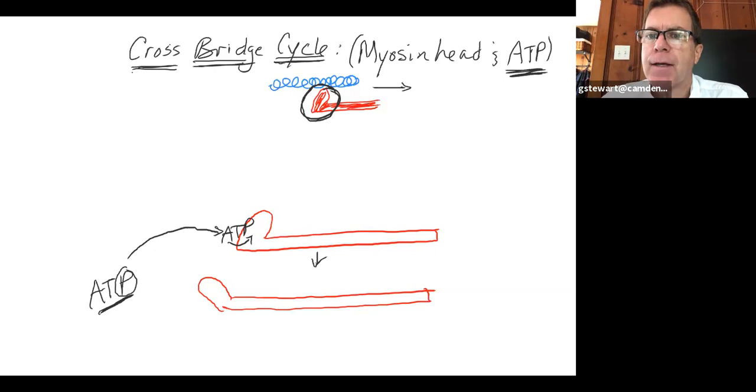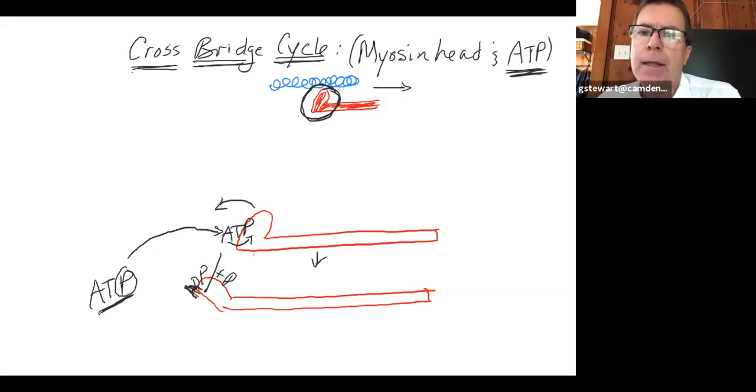And attached now to the myosin head is ADP, adenosine diphosphate, plus P. So we've just broken one of the phosphates off of ATP, and we're left with ADP and P, but they're still attached to the myosin head. That causes the myosin head to go from this position this way.